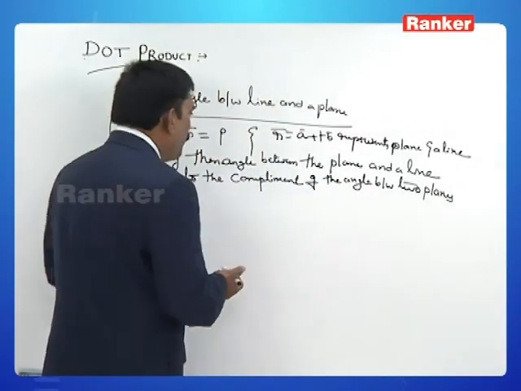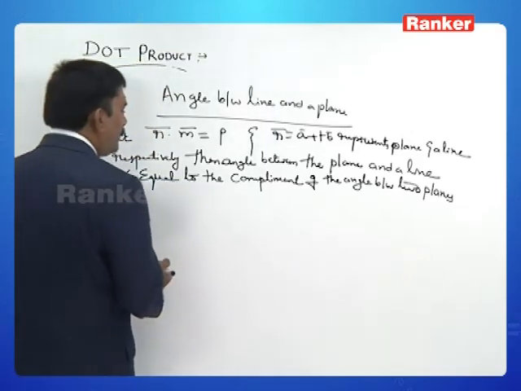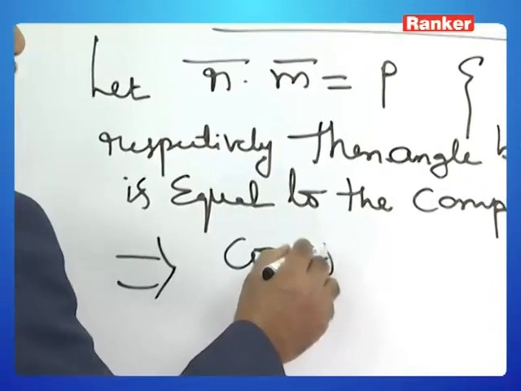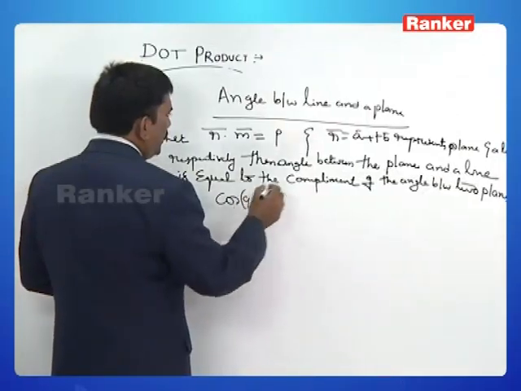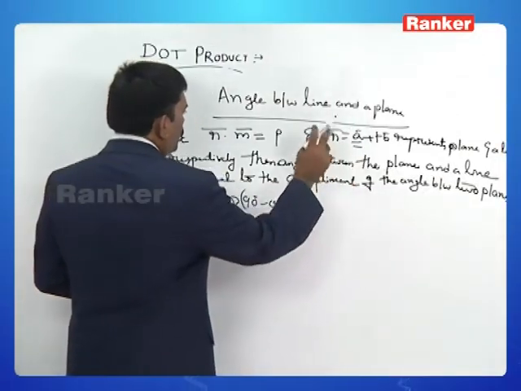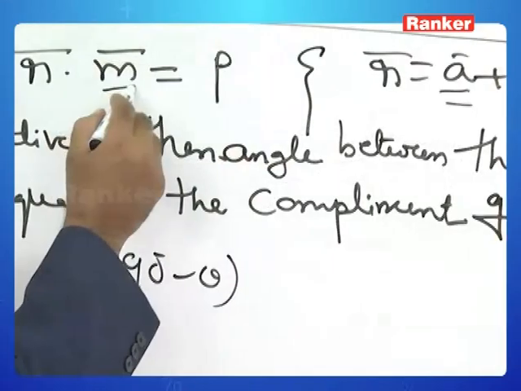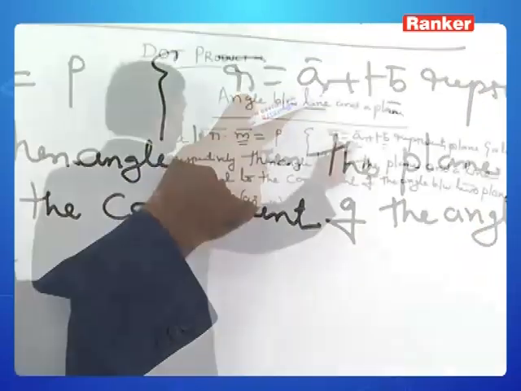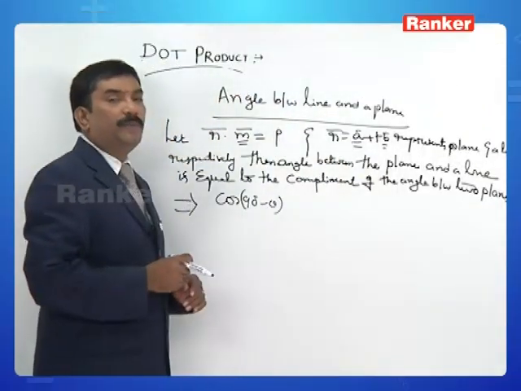So therefore, now the complement of the angle between the two planes, which implies cos of 90 minus theta. This is a position vector of a point. You should not take into consideration, this is a vector, this is also a vector. This is a line passing through the point A bar and parallel to what vector? B bar.